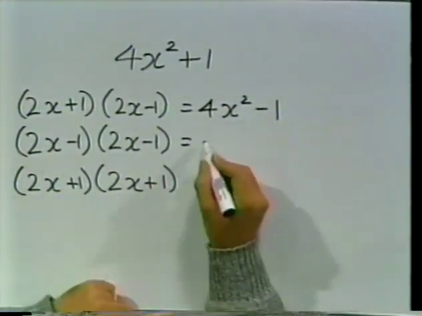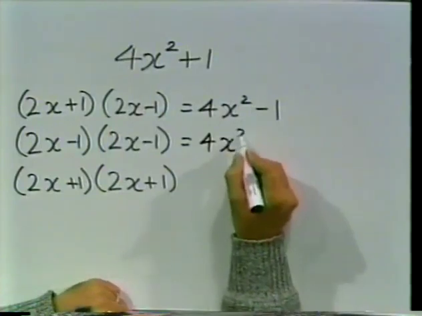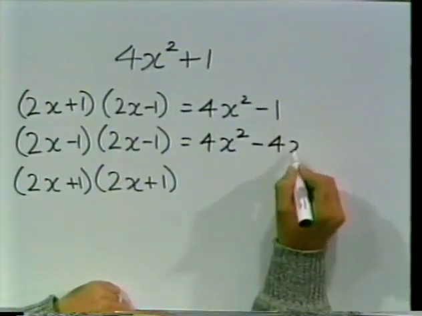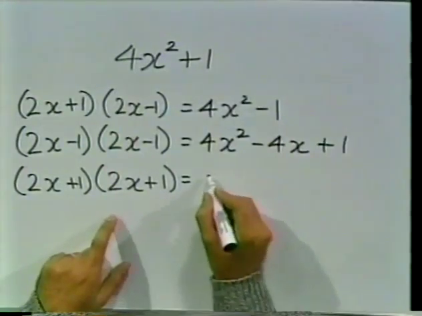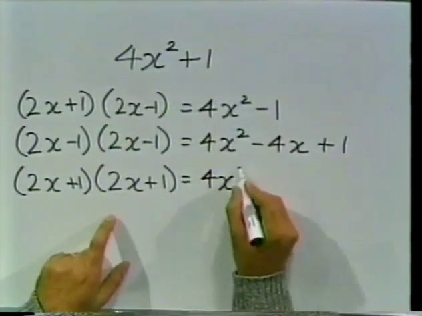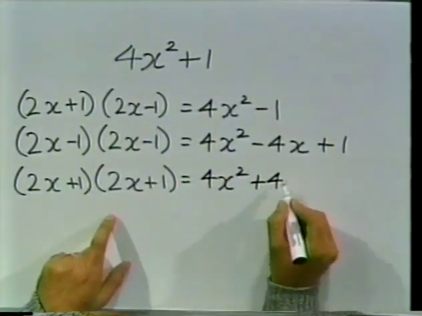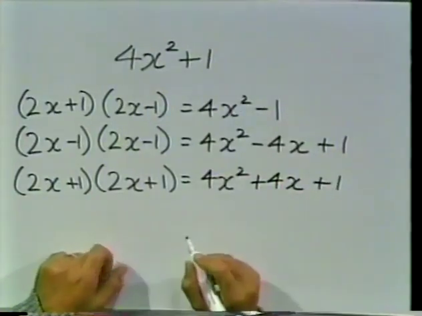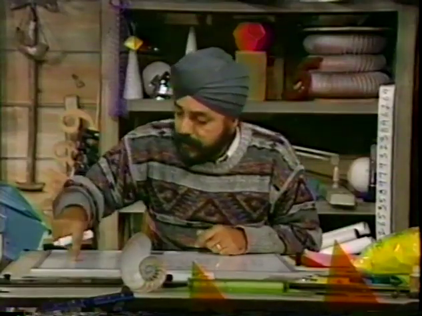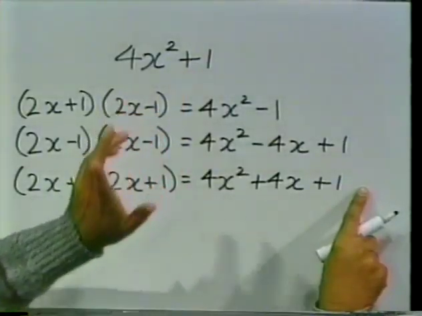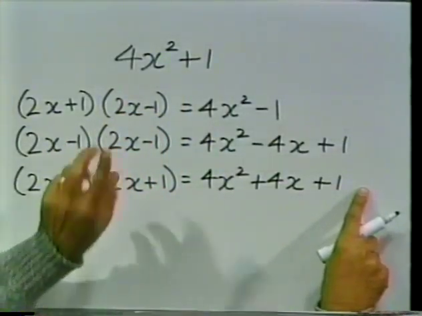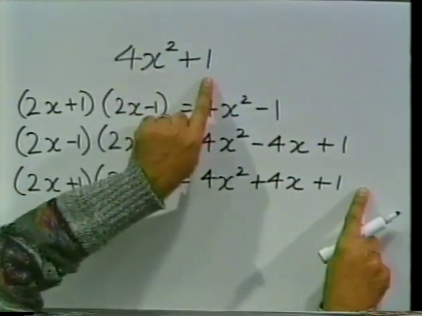The second will give me 4x squared minus 4x plus 1. And the third possibility will give me 4x squared plus 4x plus 1. But none of these is the sum of squares I was looking for. So you can see when there are two terms which are perfect squares that are added together, you cannot factor the expression.